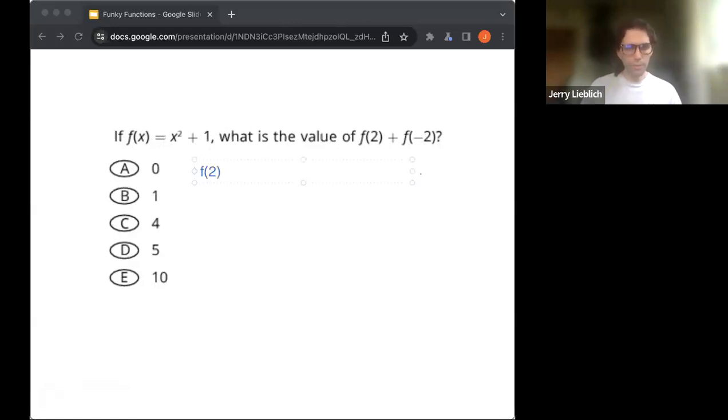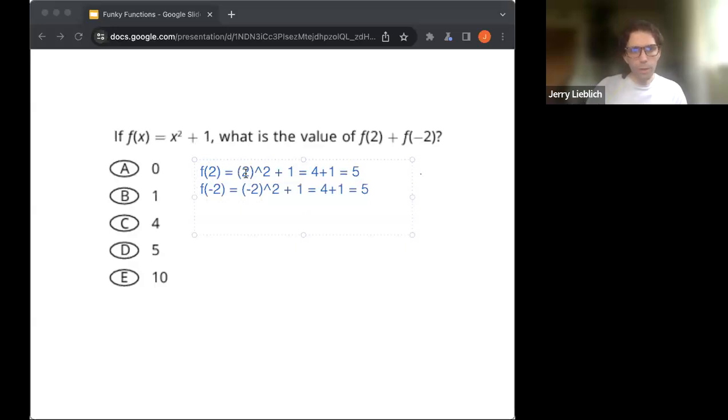Well, f of 2 is going to equal 2 squared plus 1, which would be 4 plus 1, so 5. And f of negative 2 would be negative 2 squared plus 1, which is also 4 plus 1, so 5. So notice what I did here, right?